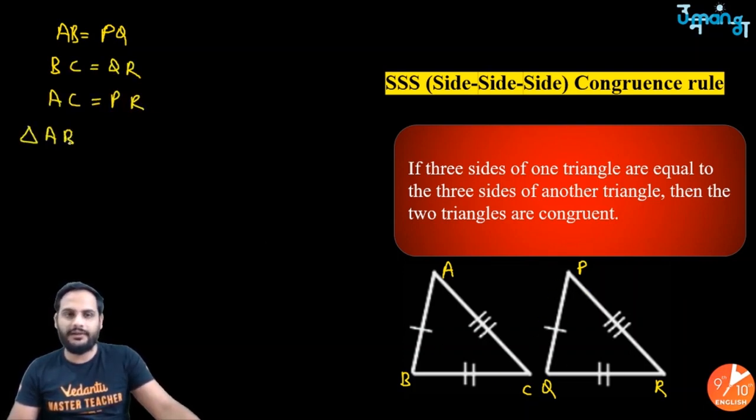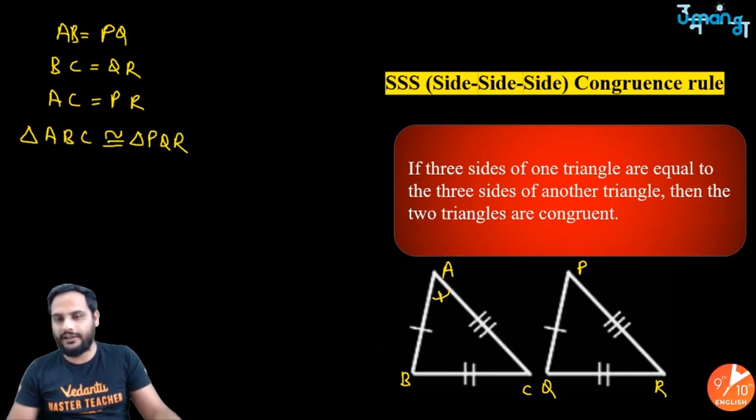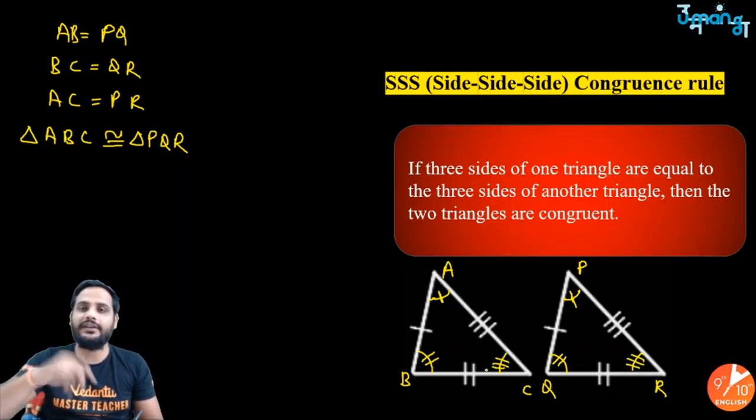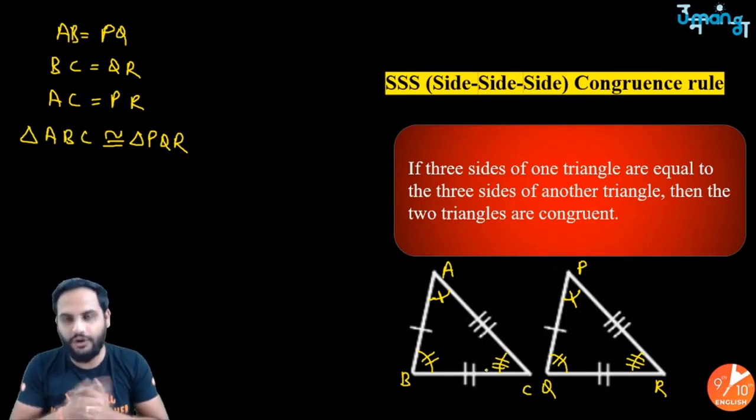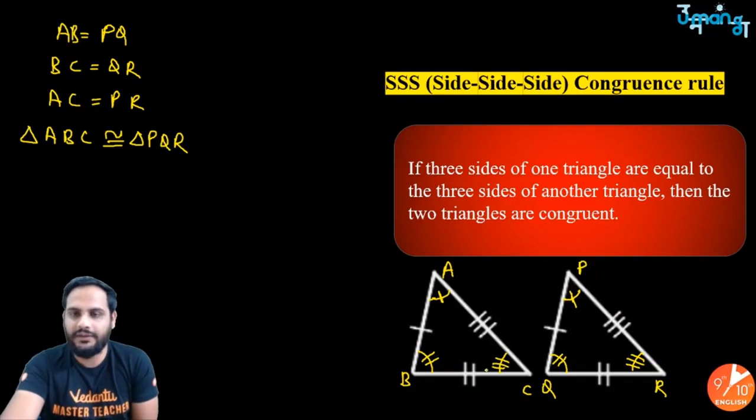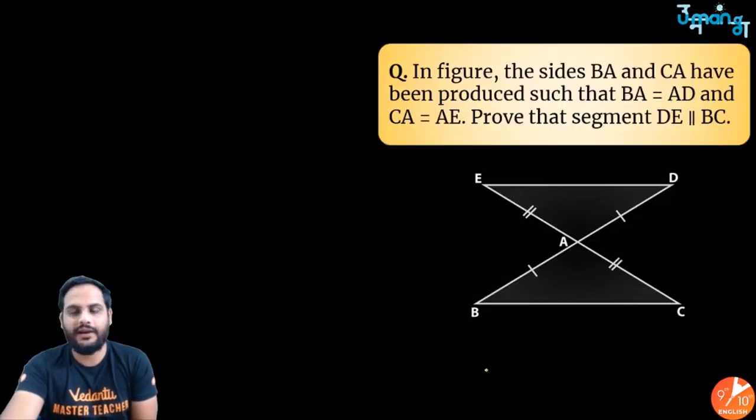I can say triangle ABC is congruent to triangle PQR. And once I know they are congruent, I can say angle A is equal to angle P, angle B is equal to angle Q, and angle C is equal to angle R because of CPCT. Corresponding parts of the congruent triangles will be equal. Got it? So this is how it can be done. Okay, so this is the criteria.